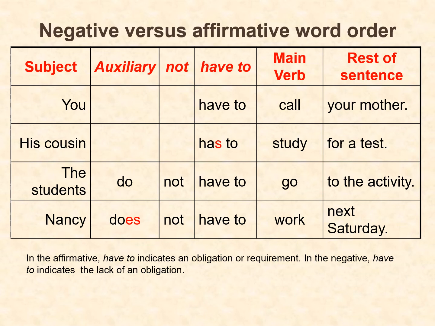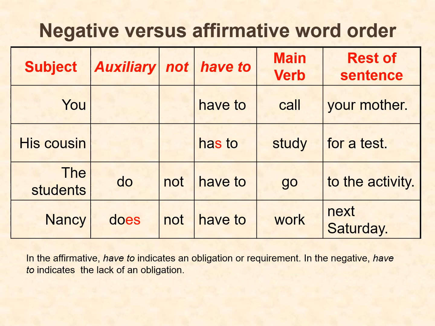In the negative, to form the negative, we need to add the auxiliary do or does before we place the word not, because the word not must go after an auxiliary or the verb be.